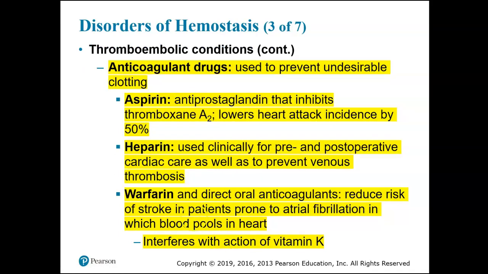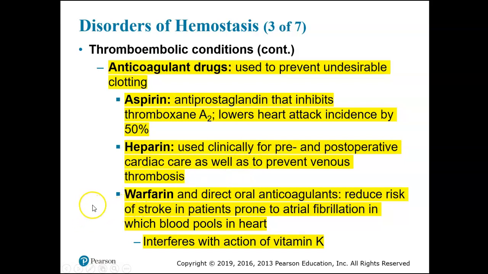Anticoagulant drugs are, for example, aspirin, heparin, and warfarin. I think one of these, I think it's warfarin, has another name, Coumadin. But heparin is used clinically for pre and post operative cardiac care to prevent venous thrombosis, so blood clots from forming in your veins.